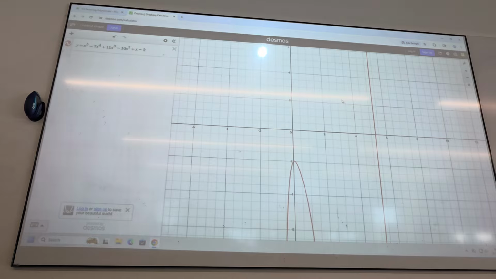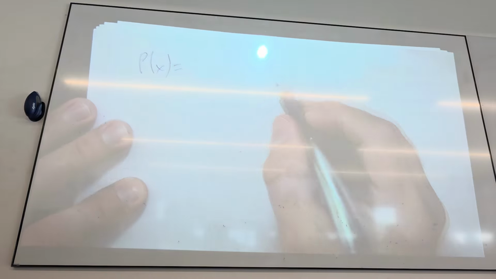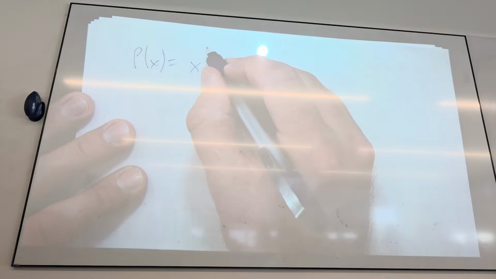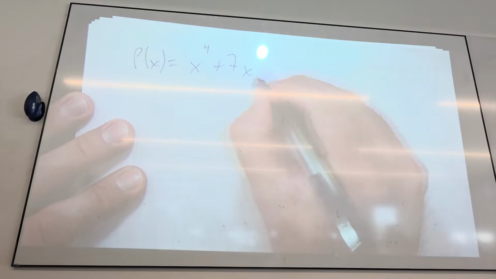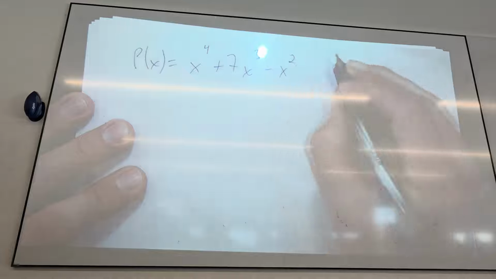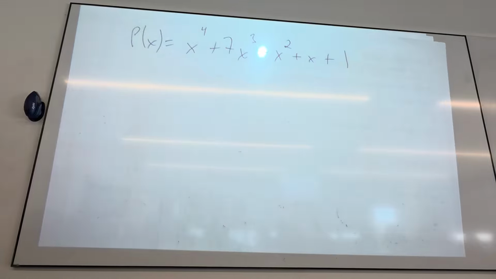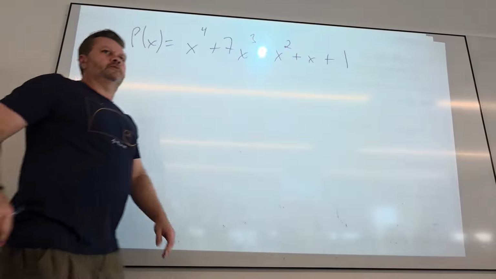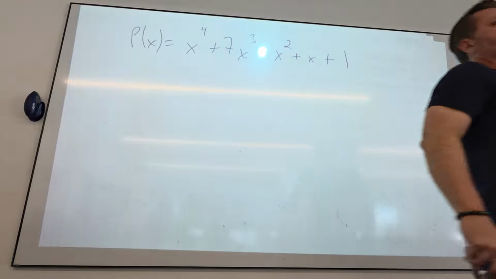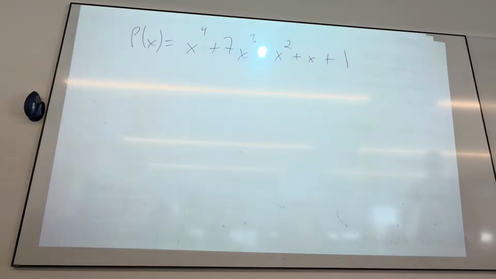What if I have neither situation? This is where things get a little bit freakier, and I'm not going to spend terribly much time on this. Are there sign changes? Could there be positive roots?